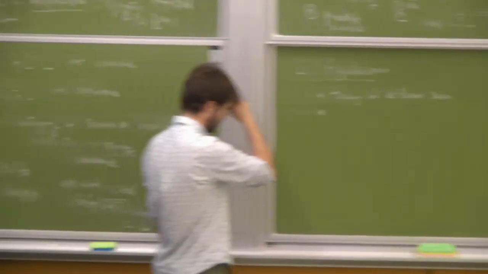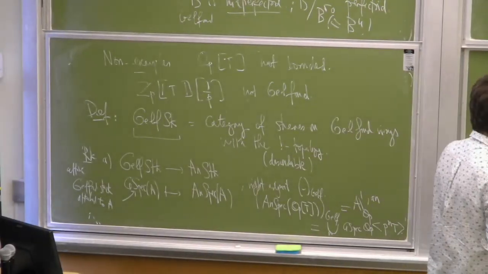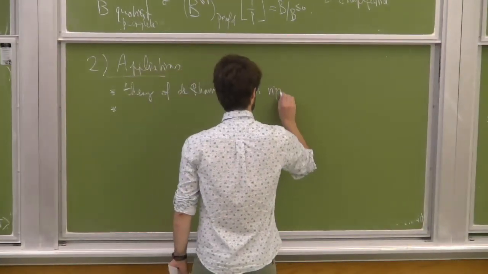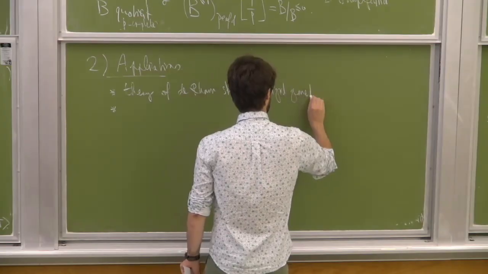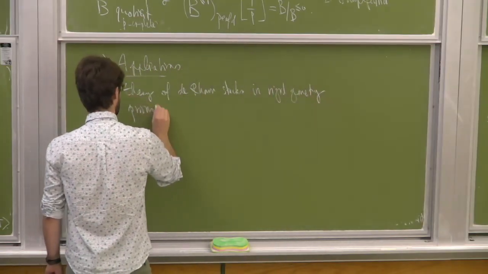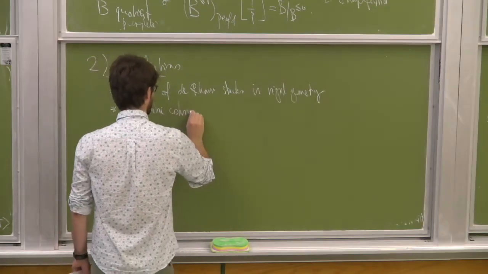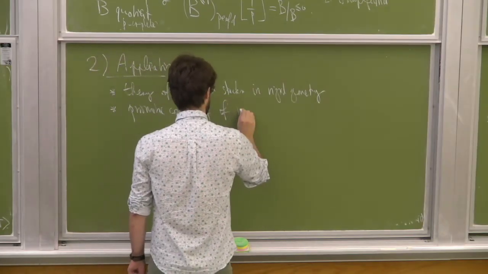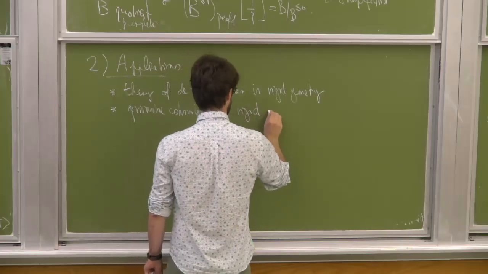So the first application, the use of this framework, is to develop a theory of de Rham stacks in rigid geometry. More generally, one of our goals was to define some notion of prismatic cohomology for rigid analytic spaces.